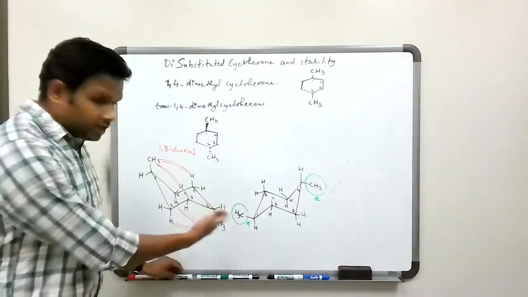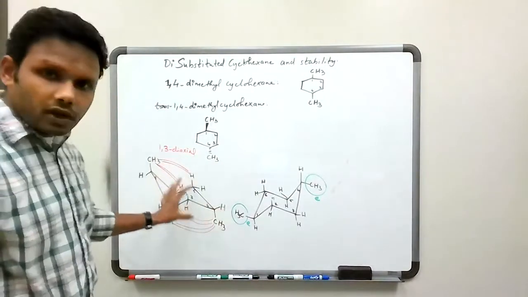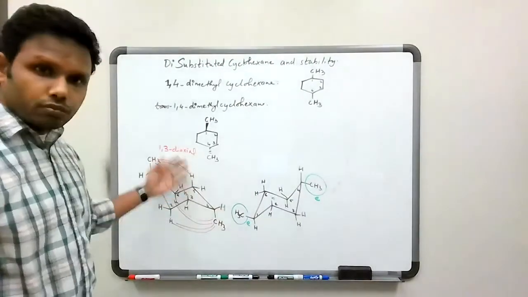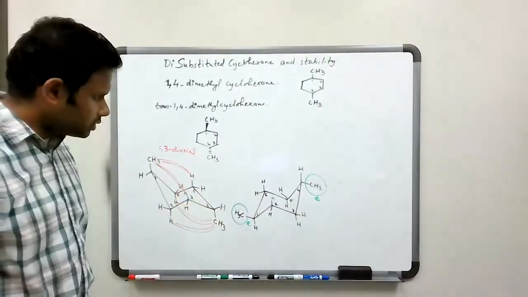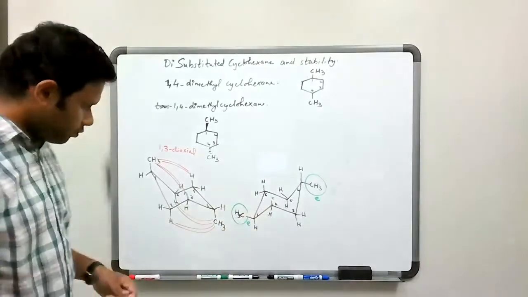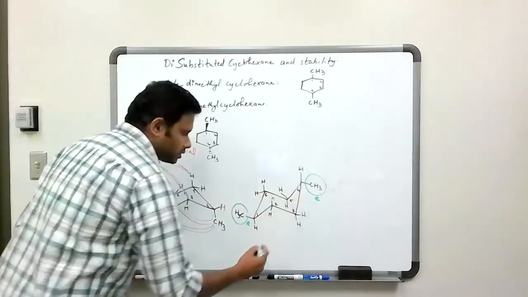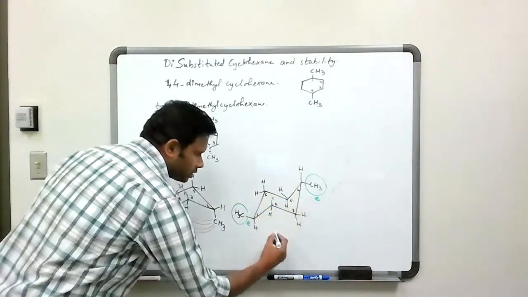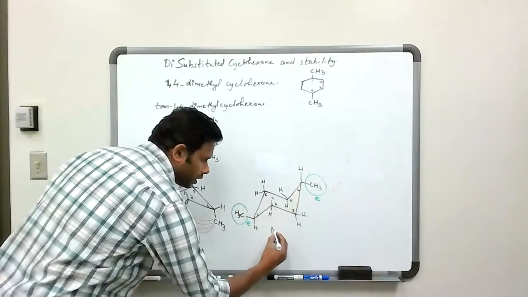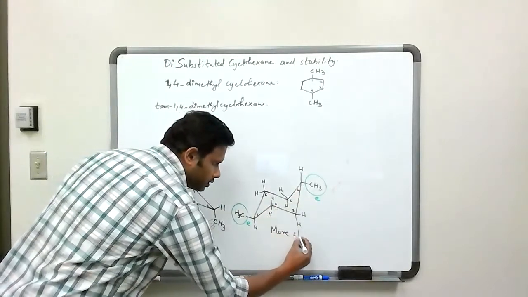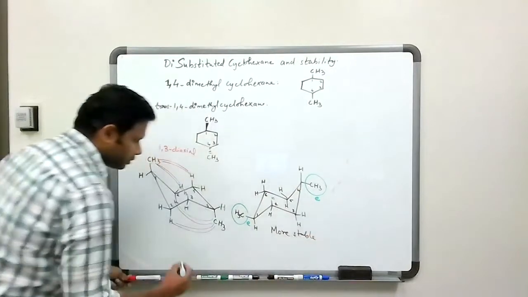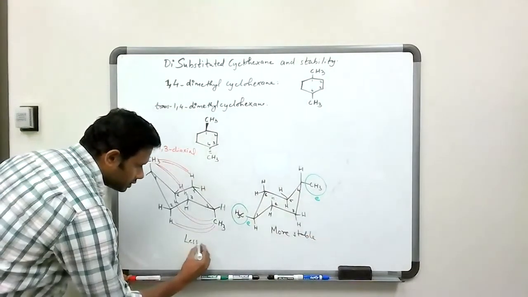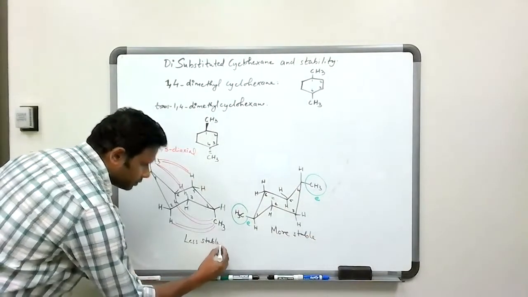Based on that, because one of these conformations has too many 1,3 diaxial interactions compared to the other one, we can say that this chair conformation, where both methyl groups are equatorial, is more stable, and this is less stable.